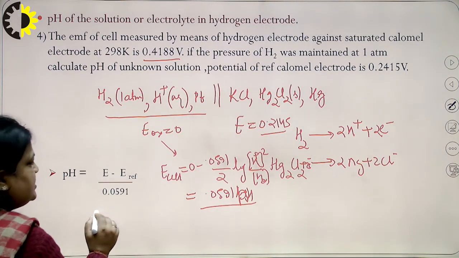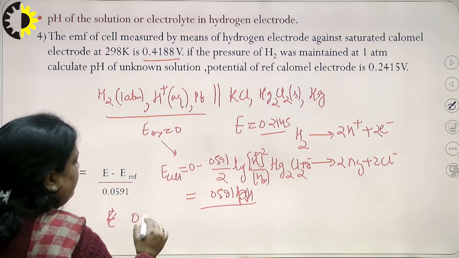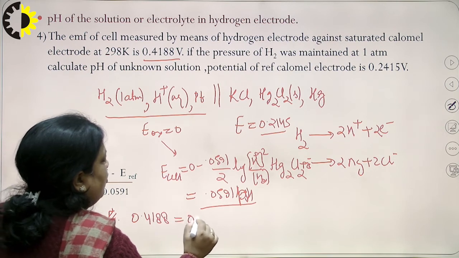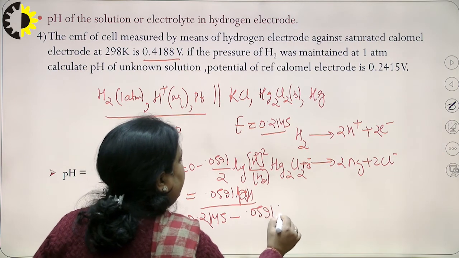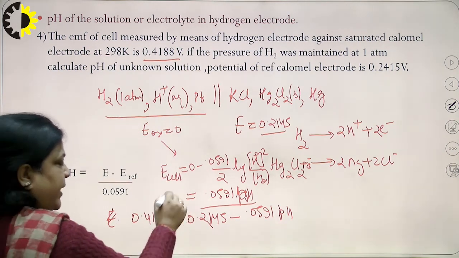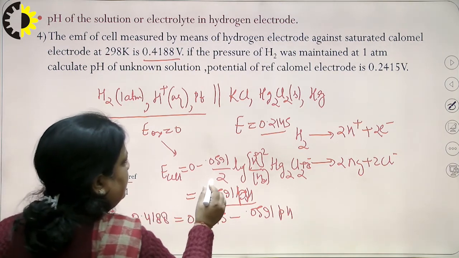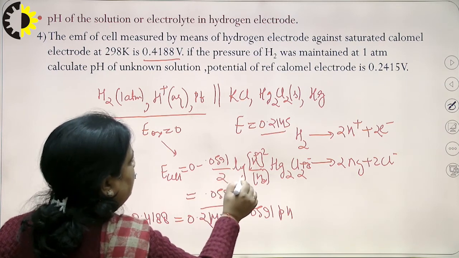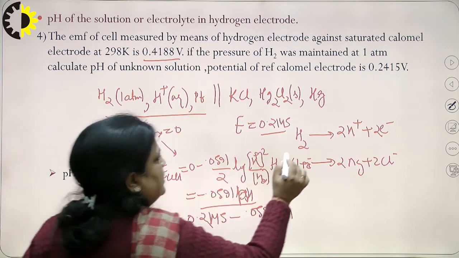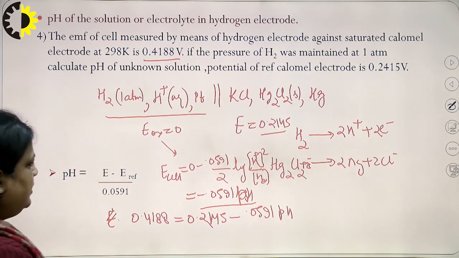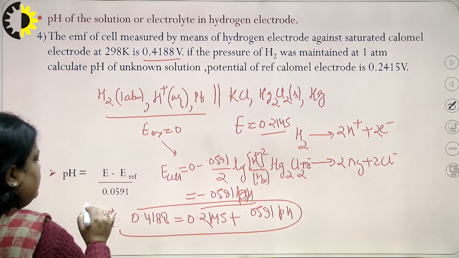If we solve this, basically 0.4188 is equal to 0.2415 minus 0.0591 pH, and minus minus, and in oxidation, this will be minus. So, when we solve this and this value comes in positive, it will be 3.